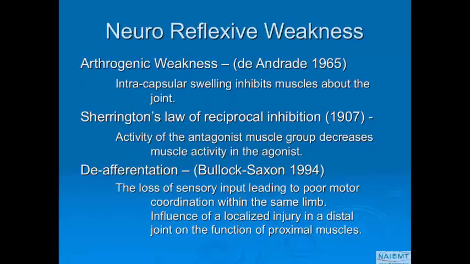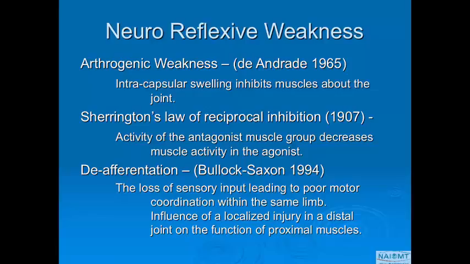Arthrogenic weakness, originally described in 1965, was observed in the knee, where intracapsular joint swelling inhibited the muscles about the joint. Reciprocal inhibition is a phenomenon originally described by Sherrington, where antagonistic muscle activity decreases the force output of the agonist.